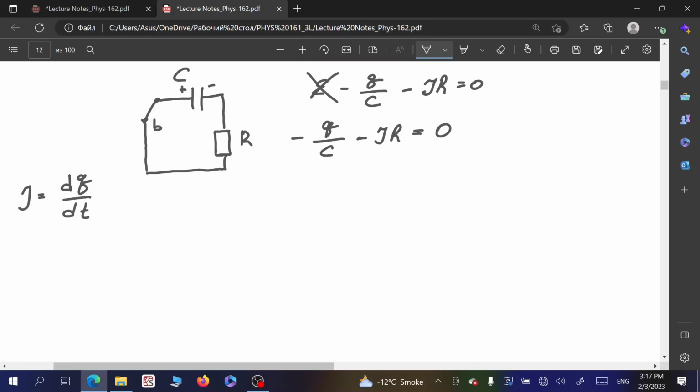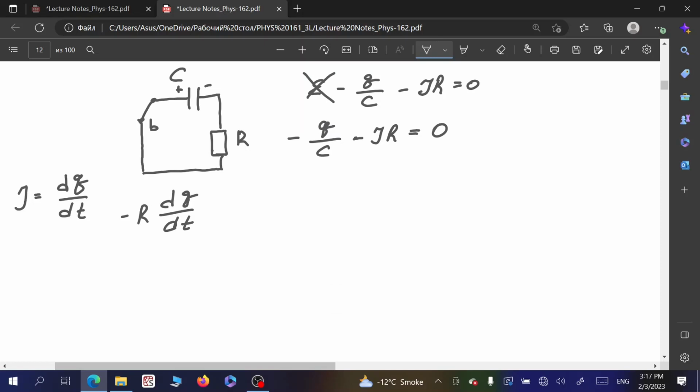And we can write the following: minus R times dq over dt is equal to q over C. Recall q is the electric charge which is at a given moment of time accumulated at the plates of the capacitor.